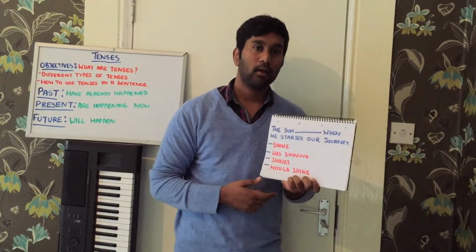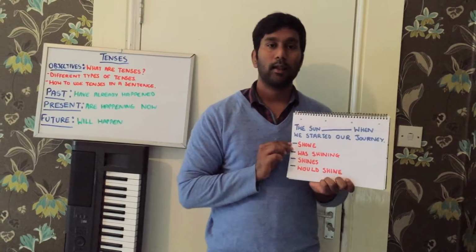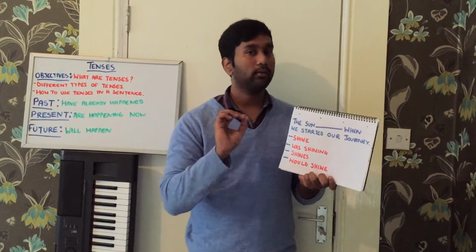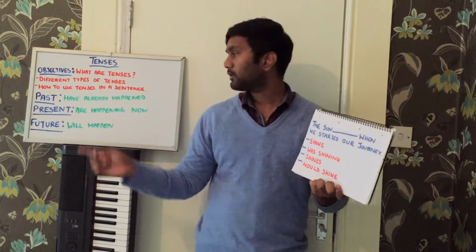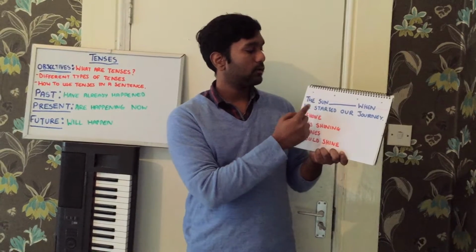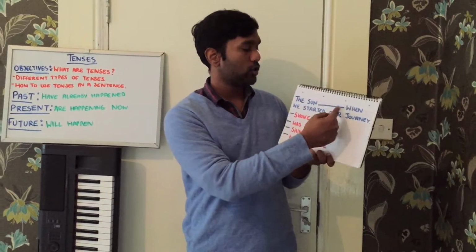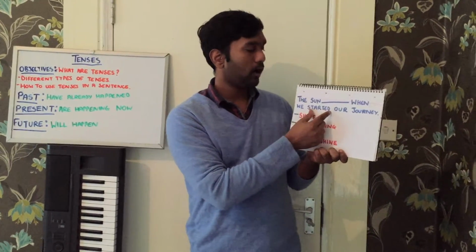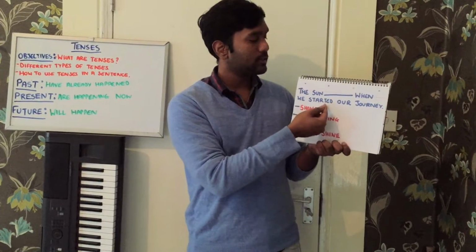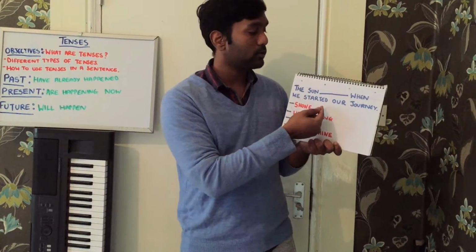So again, when you are filling up these exercises, like I said, always spot the action or the time to verify your tenses. So what is the time here or the action? The sun dash when we started. So this is showing you that this has already happened in the past.